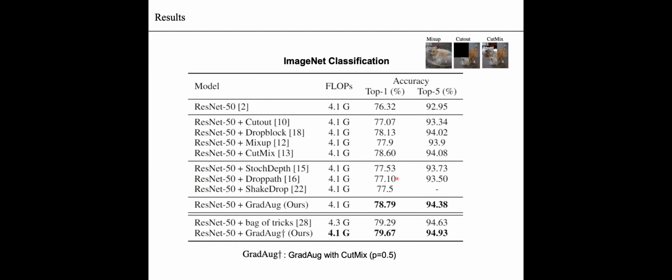We conducted experiments first on image classification, and we compare with some of the leading regularization techniques, both from the structure level as well as the data level. For example, CutMix. If you don't know what CutMix is, here is a graphic illustration.